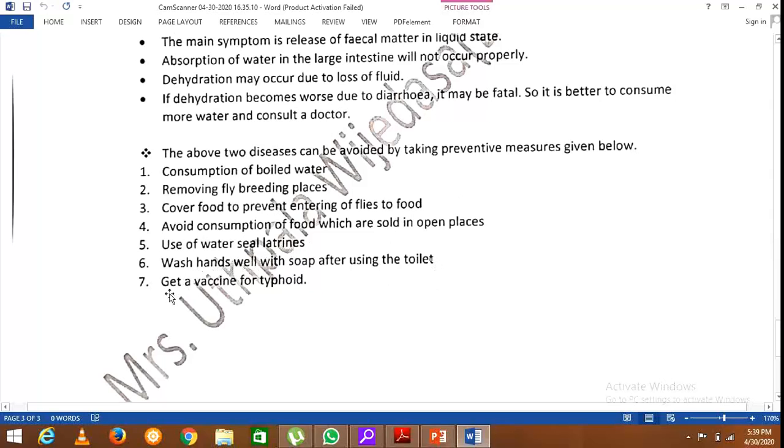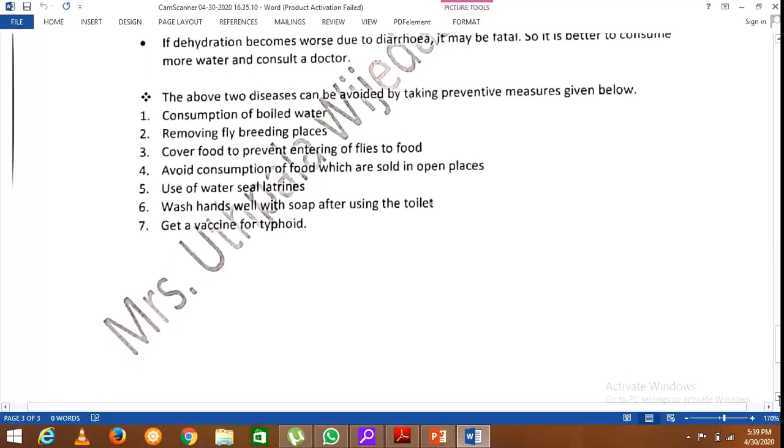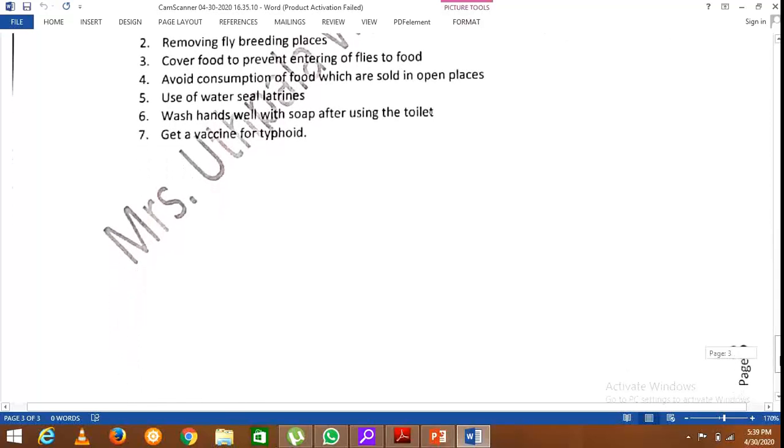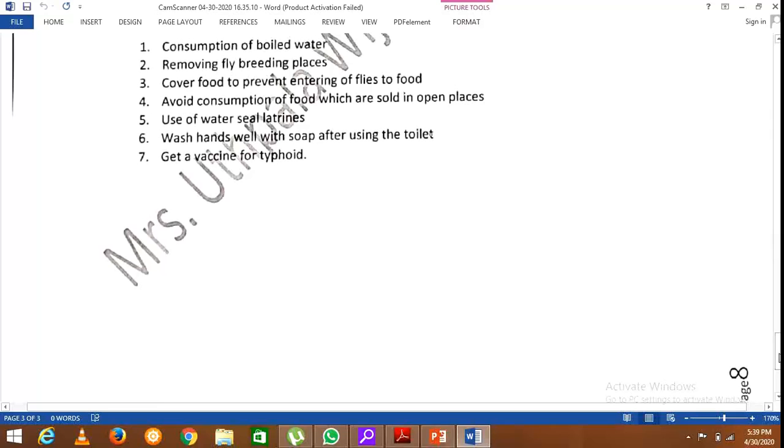And in our country, the children are given this typhoid vaccine. Therefore, they can be protected. So, by learning about the functioning of the digestive system, you will be able to have an idea about its structure, how it functions, and how to avoid the diseases associated with the digestive system.